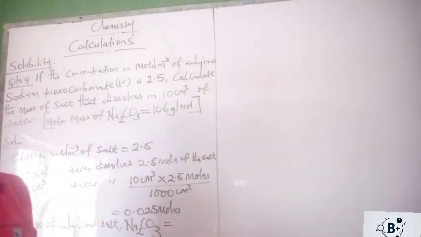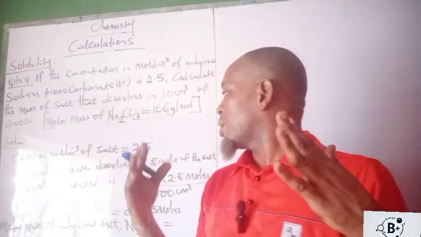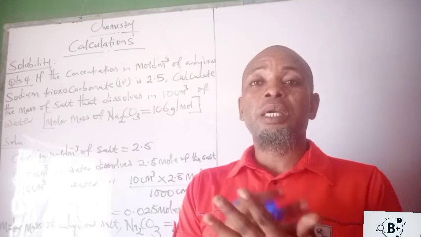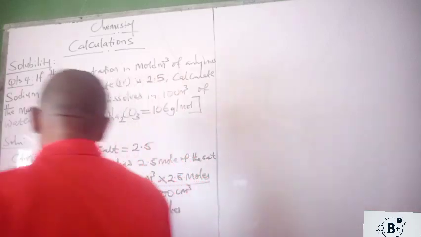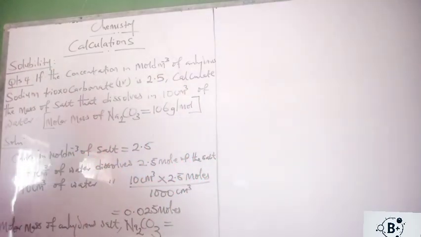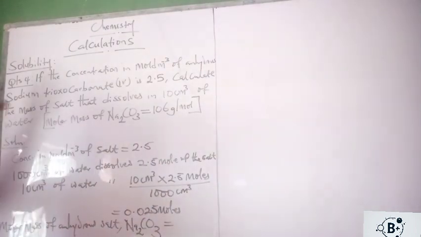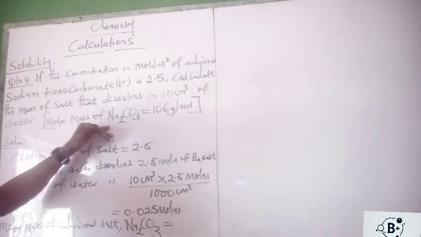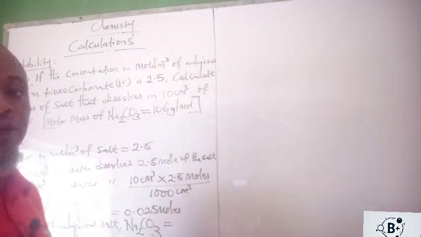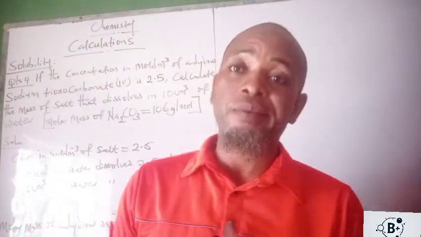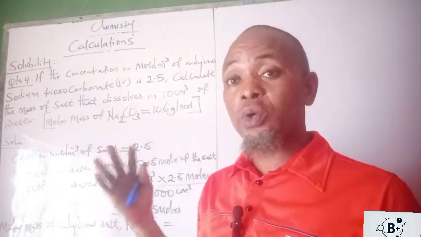The molar mass of anhydrous sodium trioxocarbonate(IV) has been given to us directly. In some questions you will be given the relative atomic mass of each atom, and we have to calculate the molar mass by ourselves. But this question has given us the molar mass directly, so we don't need to calculate it. But in your examination, if it is not given directly, you will have to calculate the molar mass by yourself. We all know how to calculate it.